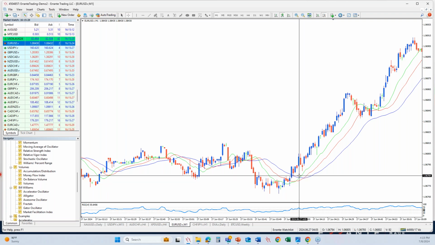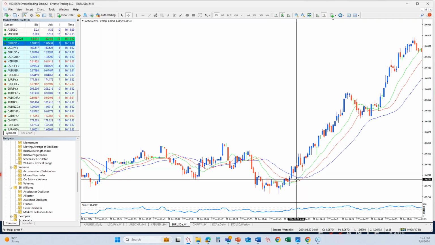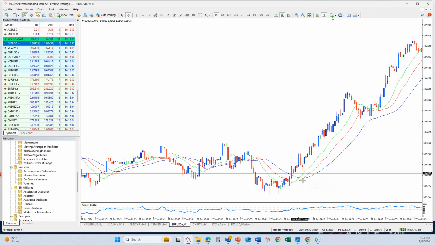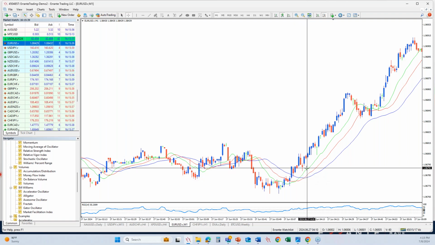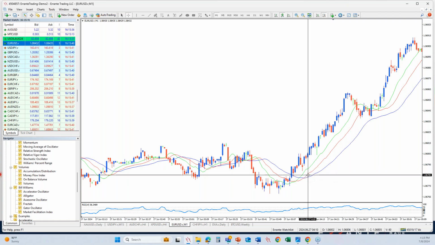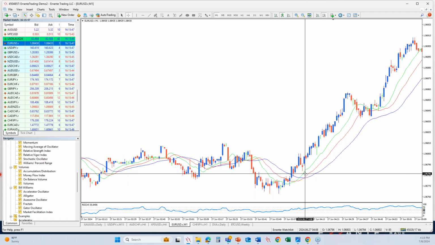See, we have a hungry alligator opening its mouth, and we have the price above all the components, and we see the order of lips, teeth, and jaw diverging from each other. So it can be an indication of the beginning of a new uptrend.